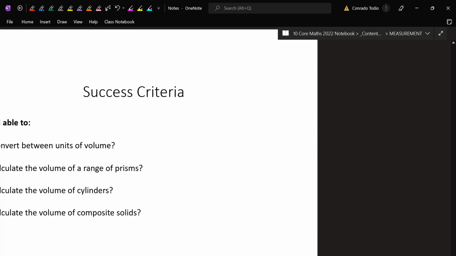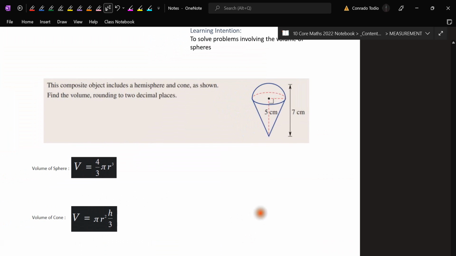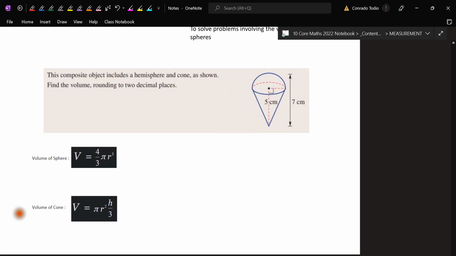Okay, so we're going to find the volume of an ice cream cone. So here you've got a half a sphere on the top, and then a cone on the bottom. So keep in mind, if you're finding the volume of a half of a sphere, what are you going to do with your answer? You have to divide it by 2.